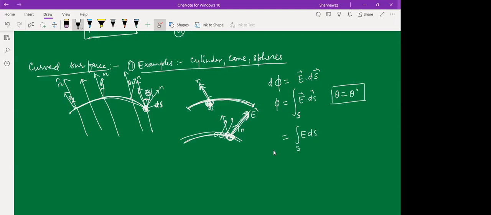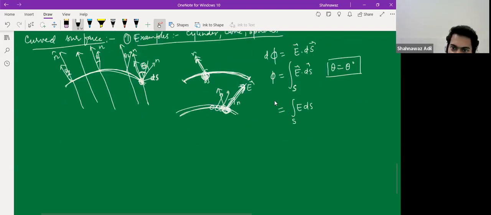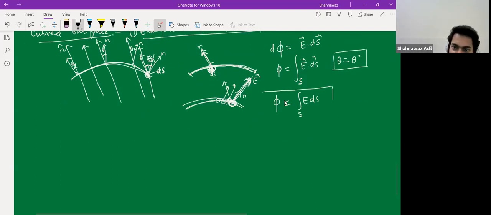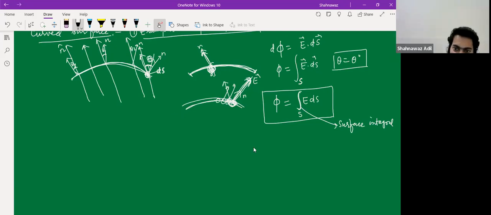So then this would be the electric flux for the curved surface, and this S shows the surface integral. Understood? And what happens if I have the surface? I have another integral which is defined like this.